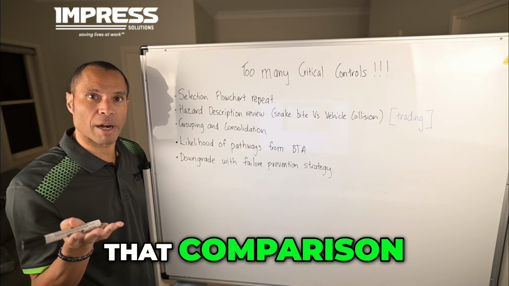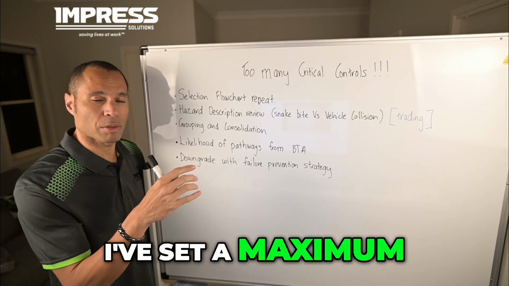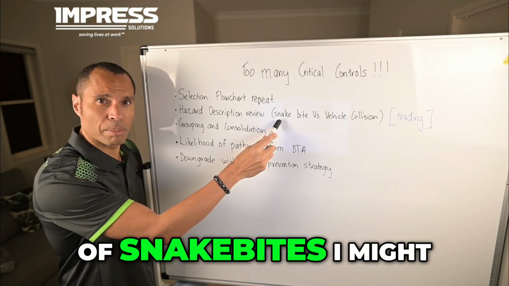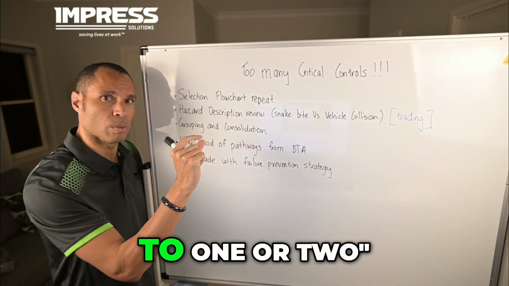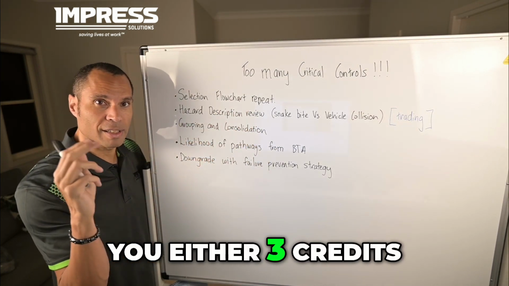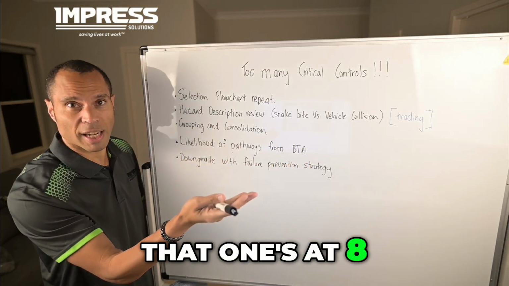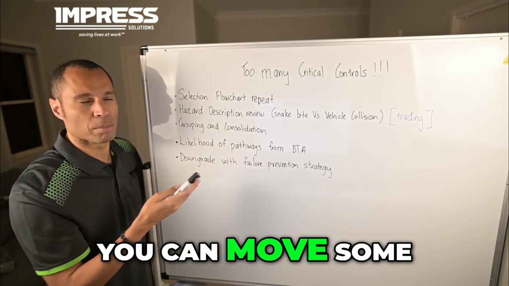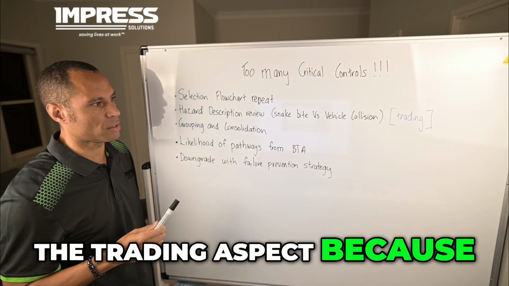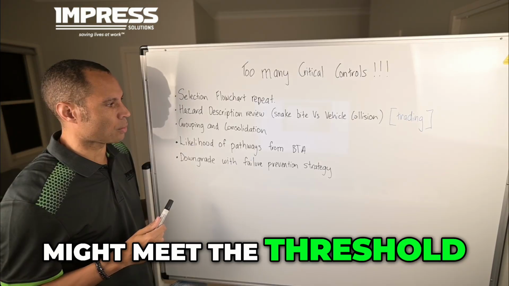And when we do that comparison, could we say, well, look, I've set a maximum of 5 critical controls per critical risk, but in the interest of snake bites, I might just reduce that down to 1 or 2. And then that gives you 3 credits that you could say, well, let's bump this one up to 8 if that one's at 8, or you can move some stuff around. And that's what I call the trading aspect, because not all risks are as critical as each other, even though they might meet the threshold.